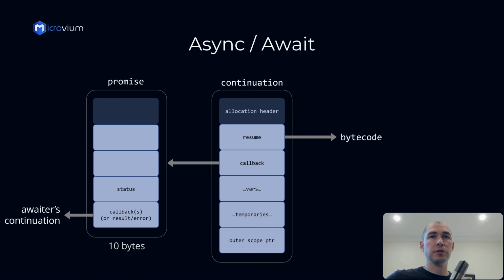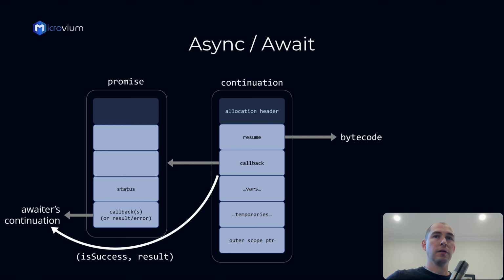When the async function terminates, it will just invoke any of the awaitors via the job queue. So from the async function's perspective, the promise is just an indirect way of keeping track of awaitors.